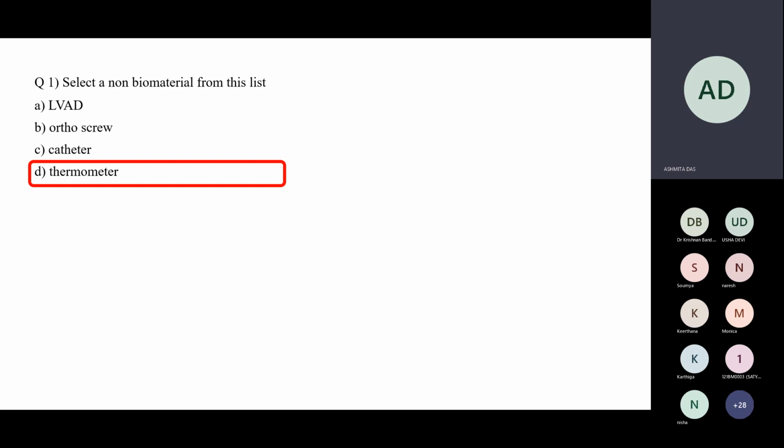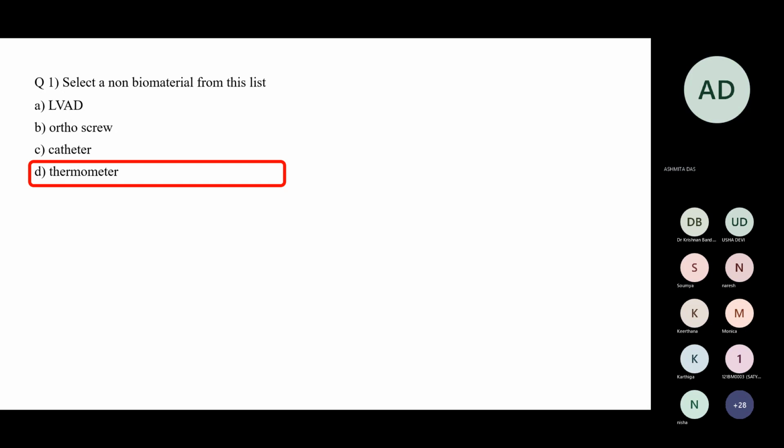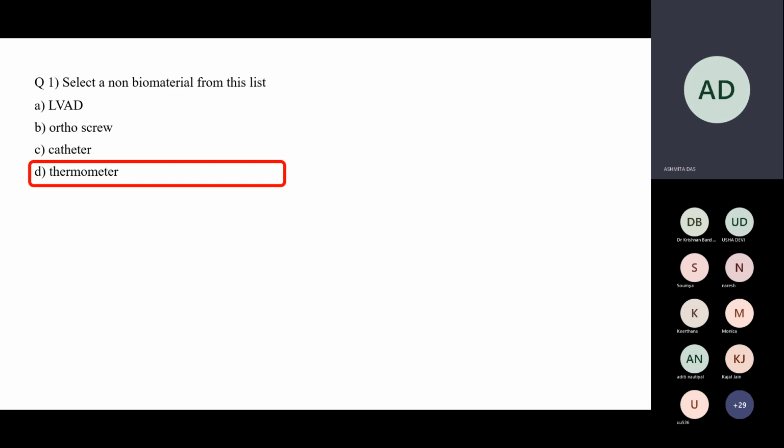That is the catheter. Catheter is a tube-like substance that is implanted in the body to drain out fluids.